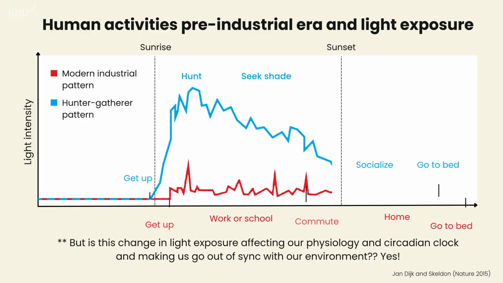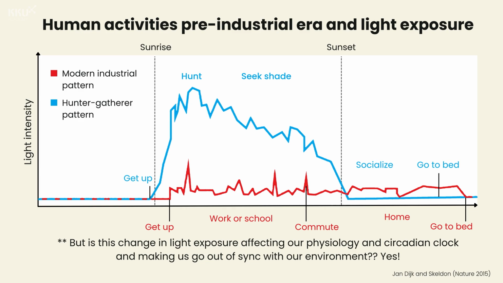This graph is actually from one of my colleagues. And what they did here is they looked at the lighting characteristics in terms of light intensity for the ancient hunter-gatherer versus modern and industrial culture, the kind of culture that we live in now. And so if you look at the blue line, throughout the day, early in the morning, we get very bright light.